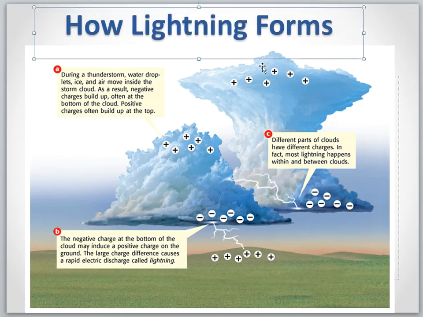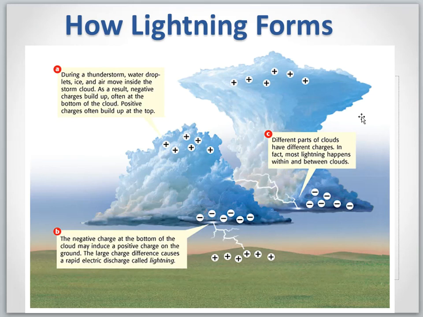lightning. When clouds move, they will pick up a static electric charge, okay? And that's from the movement of winds and moisture and dust particles and other things that are in the air. So during a thunderstorm, water droplets, ice, and air move inside the storm cloud, and they build up a negative charge, often at the bottom of the cloud.